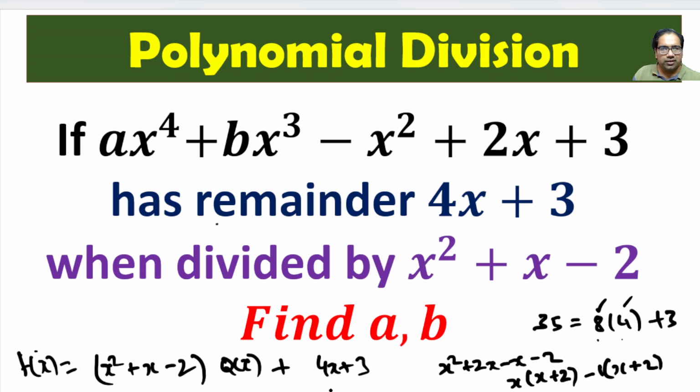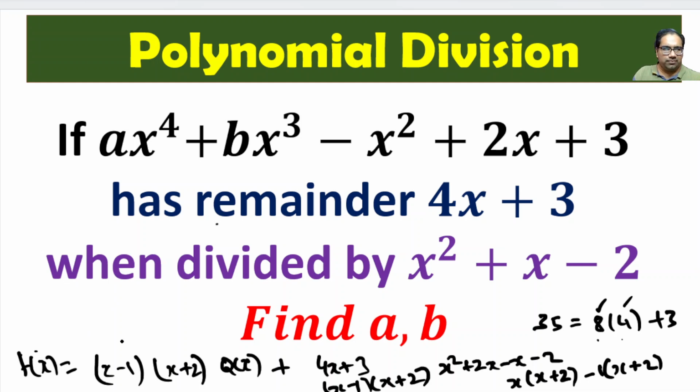That means this is equal to (x - 1)(x + 2). So we can replace x^2 + x - 2 with (x - 1)(x + 2). Basically, this function is (x - 1)(x + 2) times some quotient plus the remainder 4x + 3.